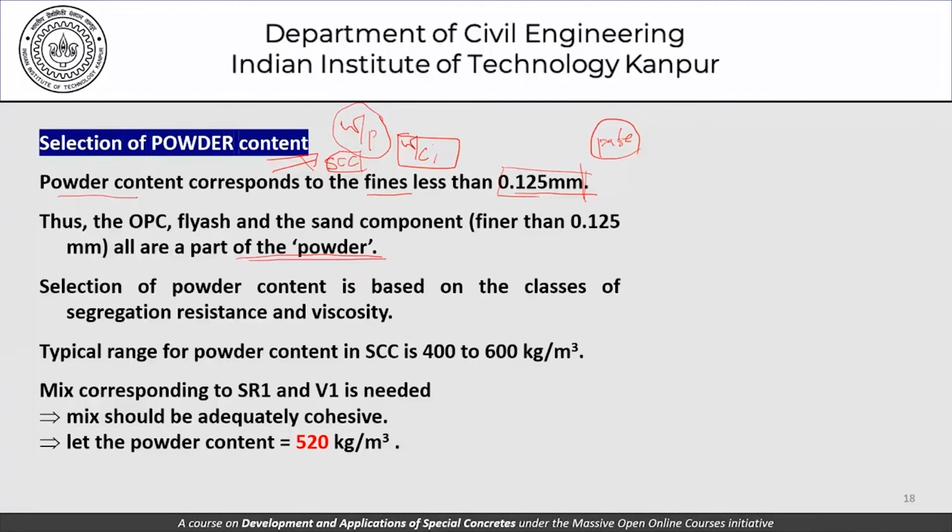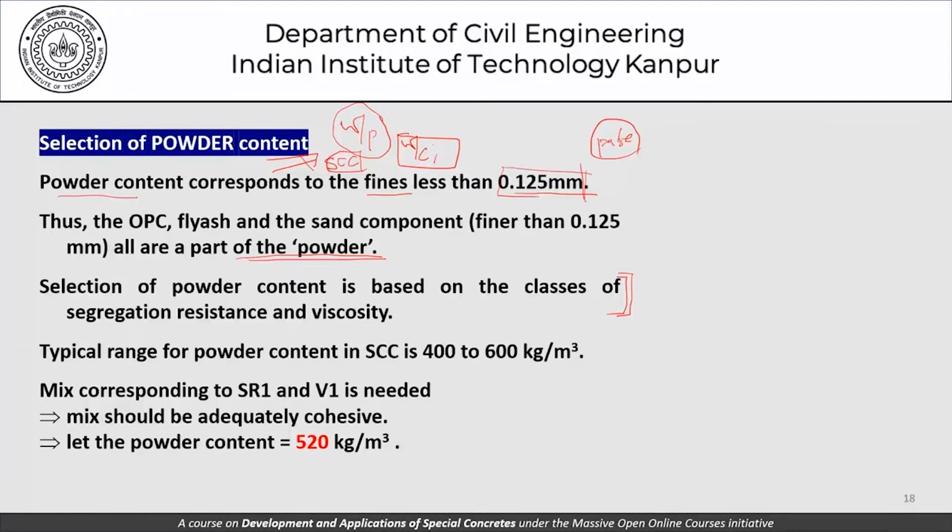Now the selection of the powder content is based on the class of the segregation resistance and viscosity which is required. So how much powder we need in a particular self-compacting concrete is determined by how much segregation resistance, or what is the V funnel time that we want from the concrete.